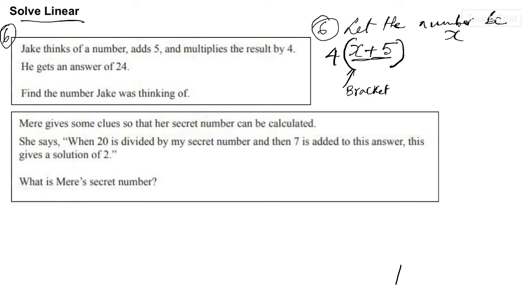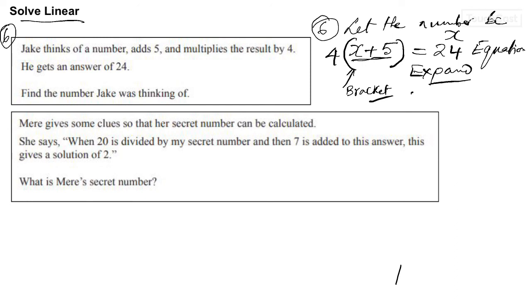This is a group of expression, a combination of a letter and a number. And he gets 24. So that's the equation. You have to set the equation first, and then to solve it you have to expand it next.